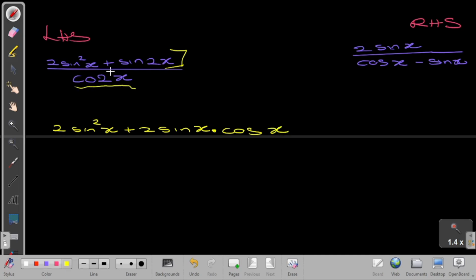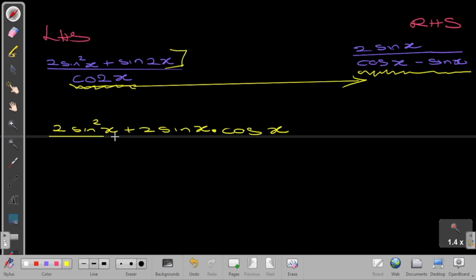So right where we are, we can look to the other side. What you see here, boys and girls, you have cos x and you have sine x. What do you have there? You have cos 2x. So without doing much thinking, let me just make a division sign here.